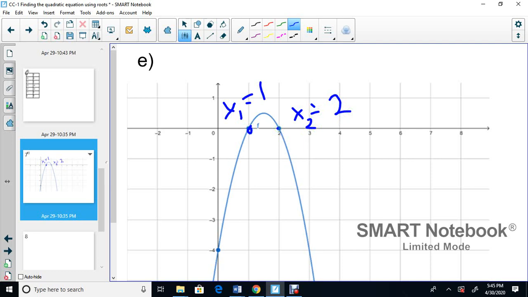My y-intercept, which is the point I would use, is the one down here. So I'd follow here, and it's when x is equal to 0 and y is negative 4. So I would use this information to come up with an equation. It's a little tricky here to see how far across. Looks like about a half, but let's see. You guys will work it out. Use the math formulas to work it out.